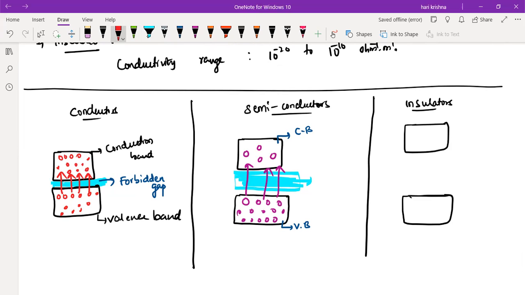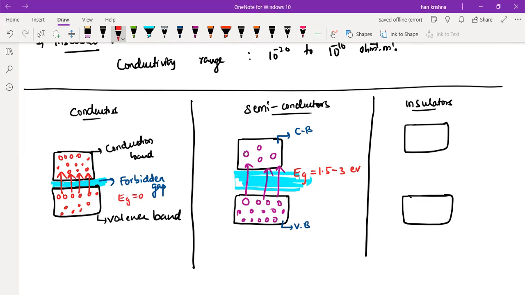Due to the movement of these few electrons, there is partial conduction of electricity. This is called the energy gap. In semiconductors, the energy gap is in the range of 1.5 to 3 electron volts. In conductors, the energy gap is almost equal to 0.